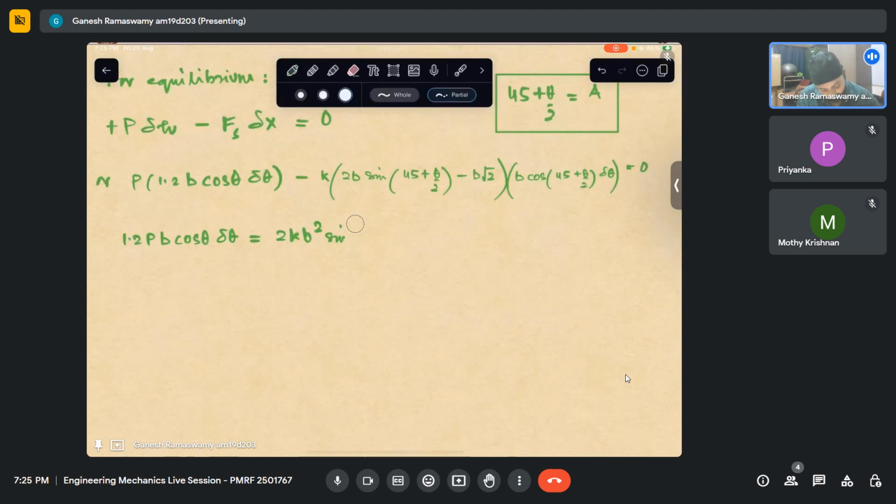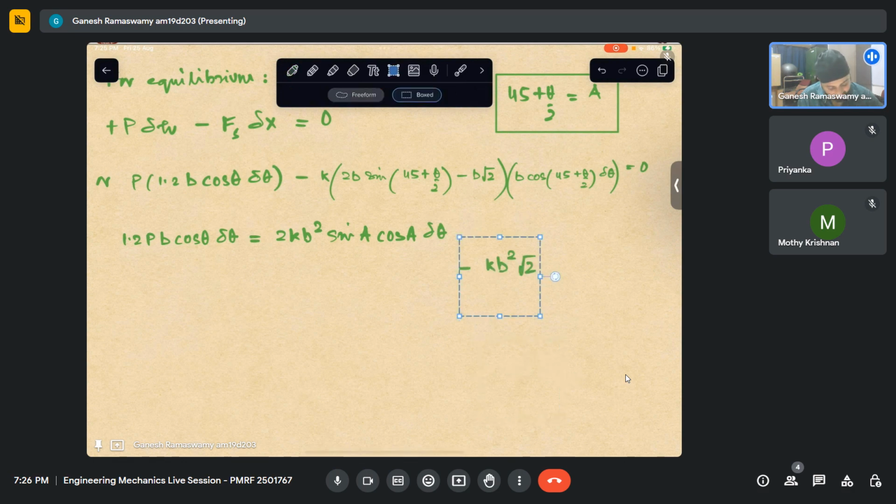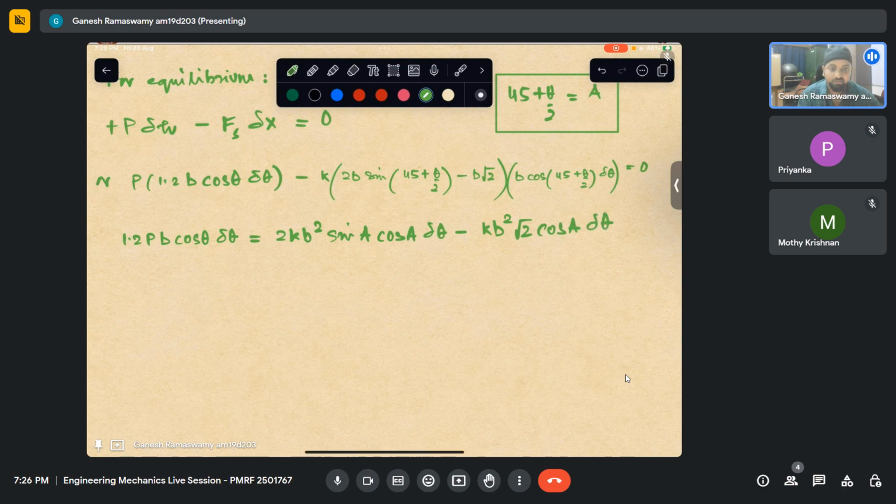It will be 2k b squared sin A cos A delta theta minus k b squared root 2 cos A delta theta. I hope this is clear.